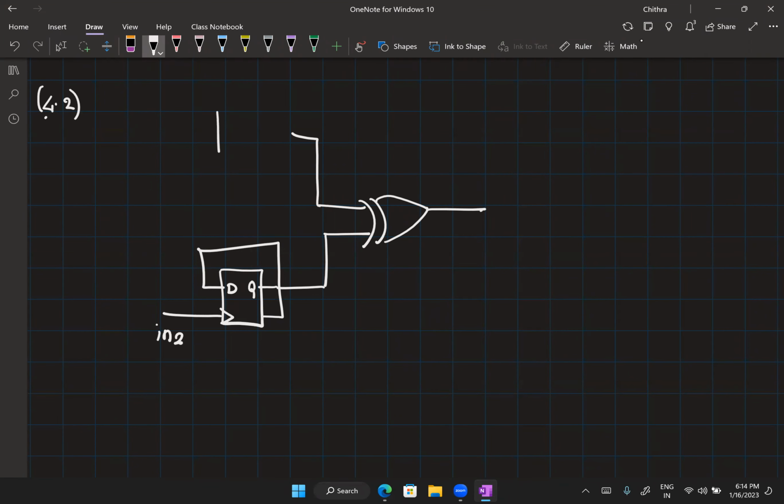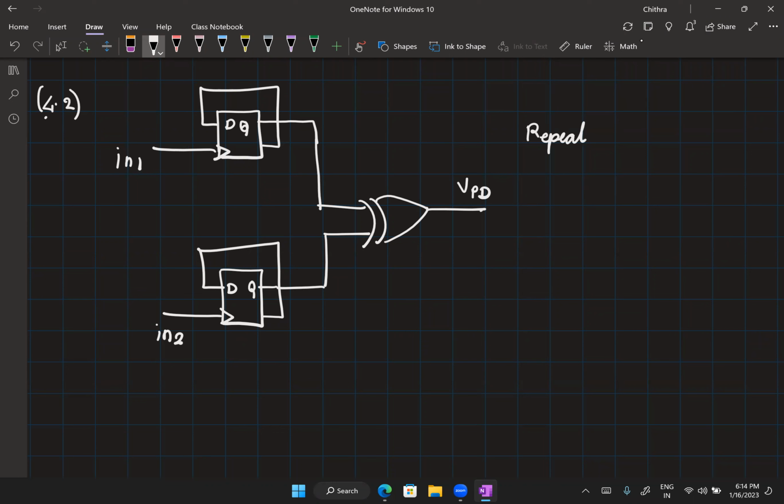So I do the same thing here as well. This is in1, and this is equal to VPD. So repeat 4.1 for this circuit.